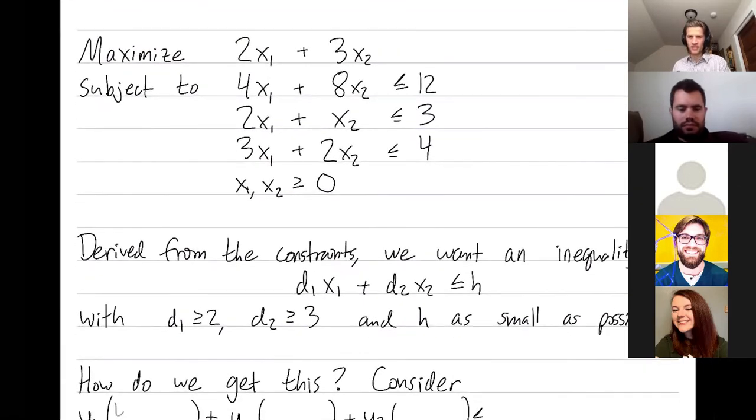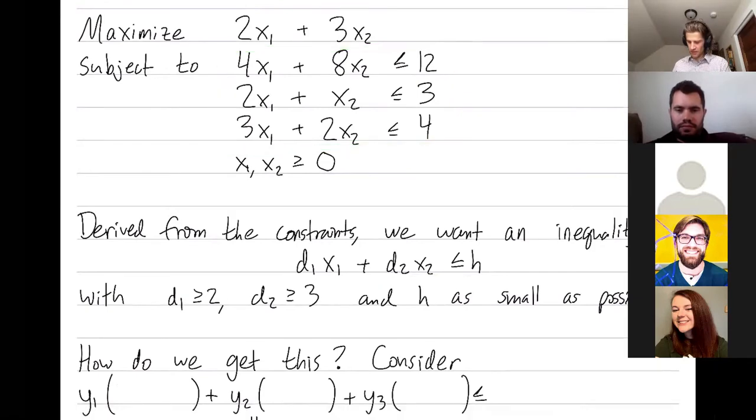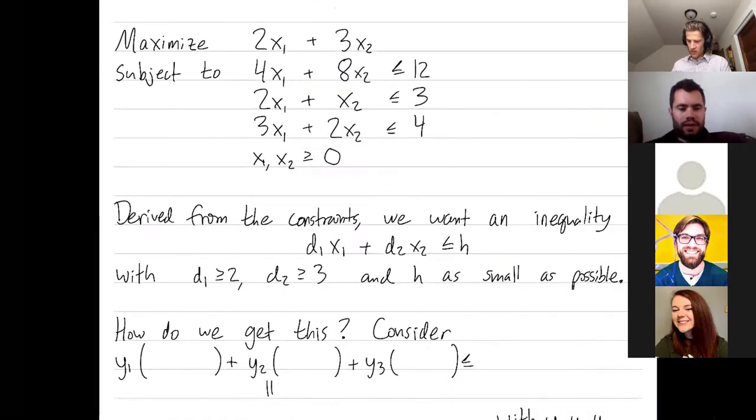How do we do this? Let's be a little bit more rigorous. To obtain these constraints, we're taking linear combinations of the constraints that were handed to us. So let's write this out in generality. The most general thing I could do is take y1 copies of this first equation, 4x1 plus 8x2.